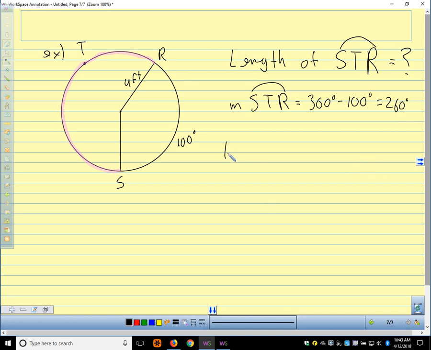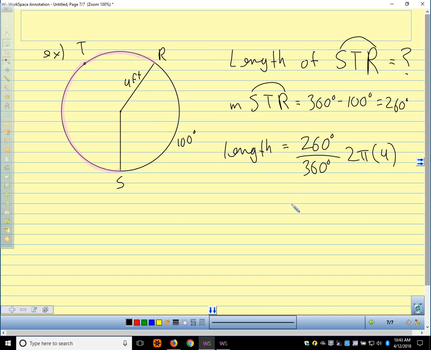So the length is going to be 260 divided by 360. That tells us what fraction of the circle it takes up, times 2 times pi times 4. I'm using 2 pi r since we have the radius.